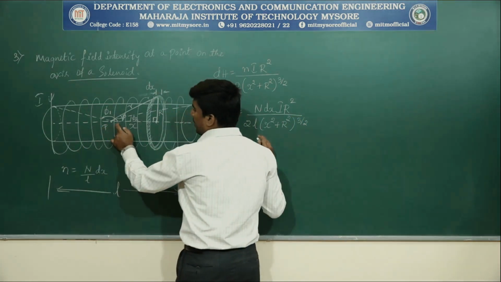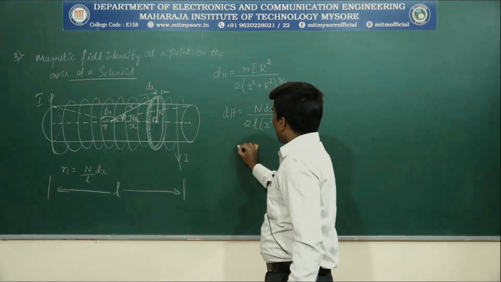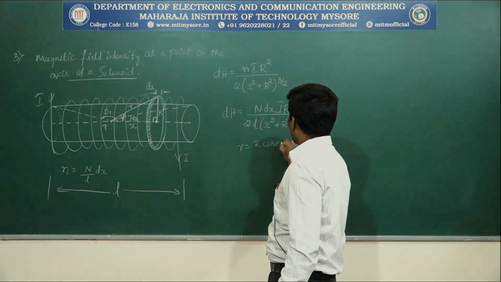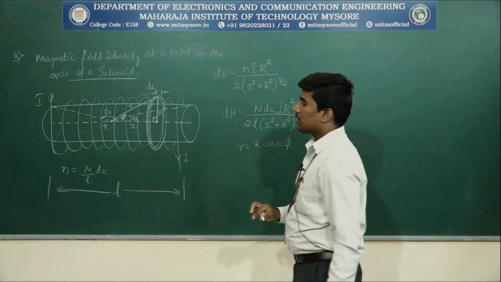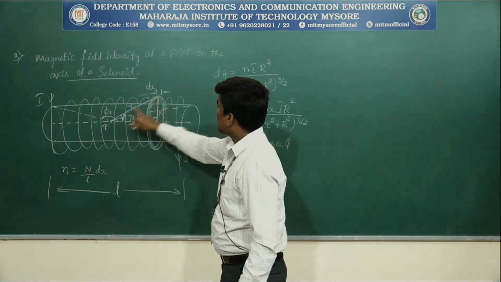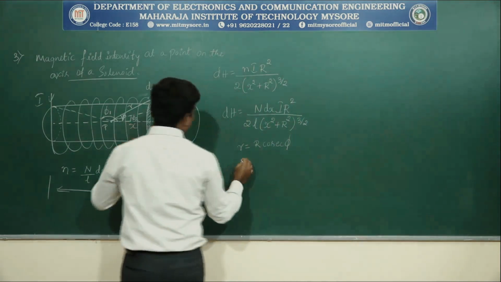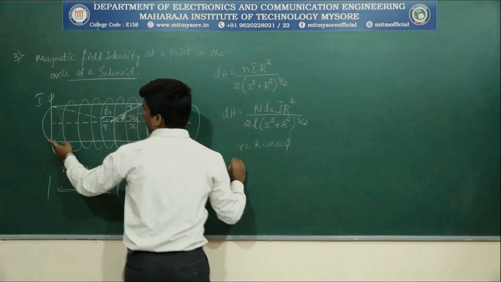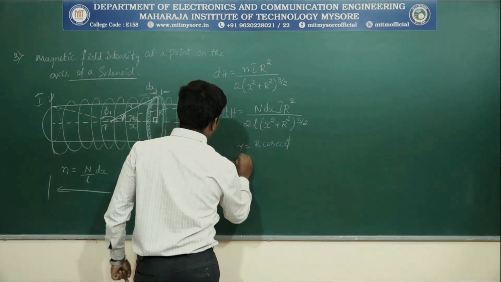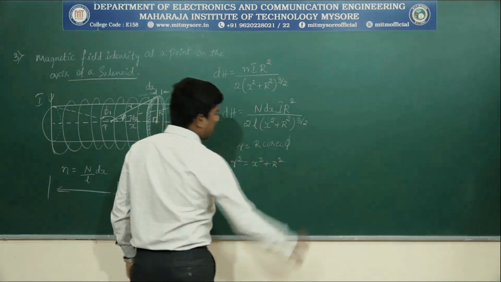By looking at this right angle triangular geometry, r can be written as R cosecant phi. This distance r can be obtained by R cosecant phi. From Pythagoras theorem, the hypotenuse r square is equal to x square plus capital R square.